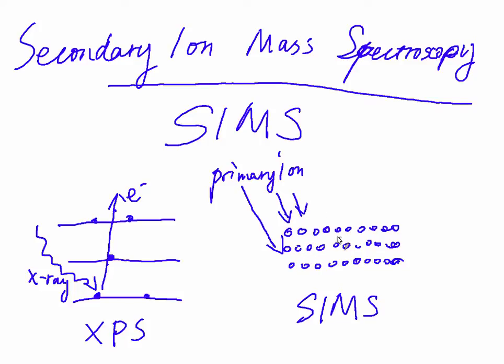Instead of X-ray, primary ion particles are incident on the material surface, and secondary ion particles will be ejected from the material surface and be detected by some detector.